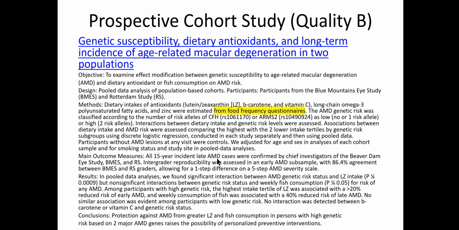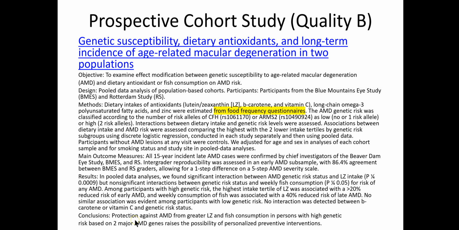When they first picked out people, it doesn't say, but these were probably people who had AMD, and then again they looked for advancement over time.